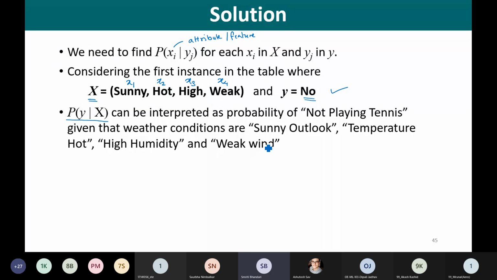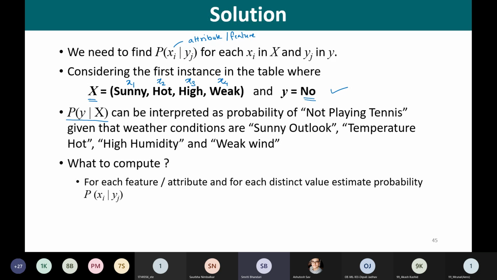So under these conditions, we need to find the probability of y given x, the probability of not playing tennis. Right?